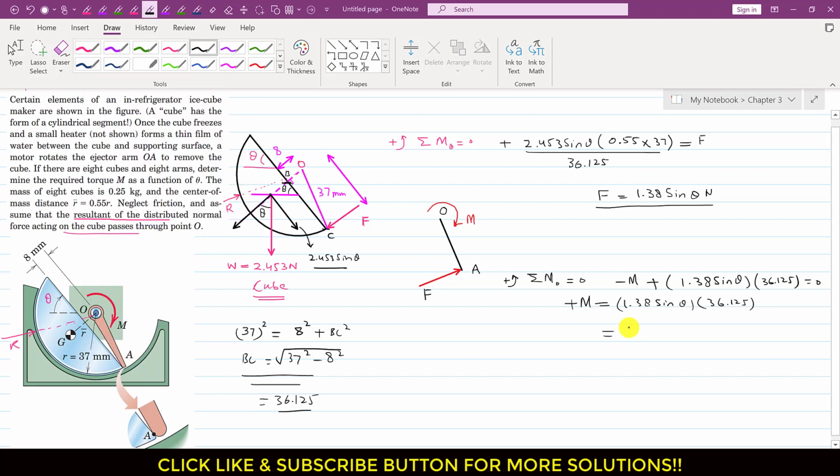So I will write 49.85 sine of theta Newton mm. This is a function of theta, right? This is that moment. So for a particular theta, if we want to determine the torque required, we have to put that theta value in this equation, and this equation will give us the moment for that particular theta. So this is in Newton mm.